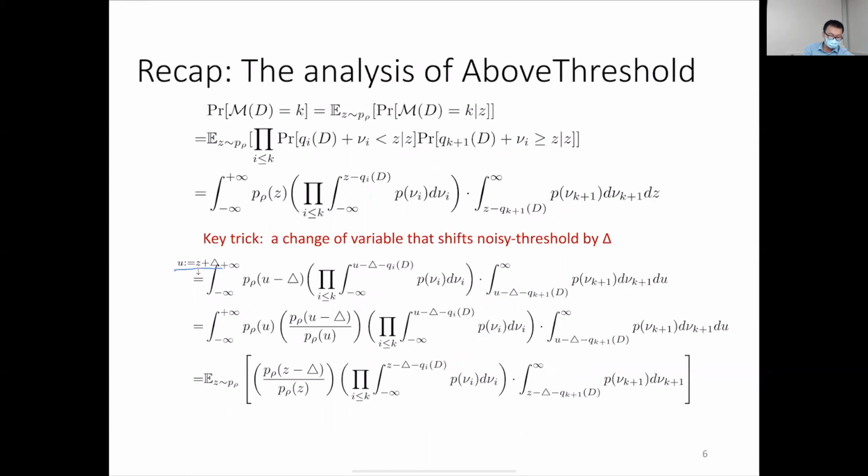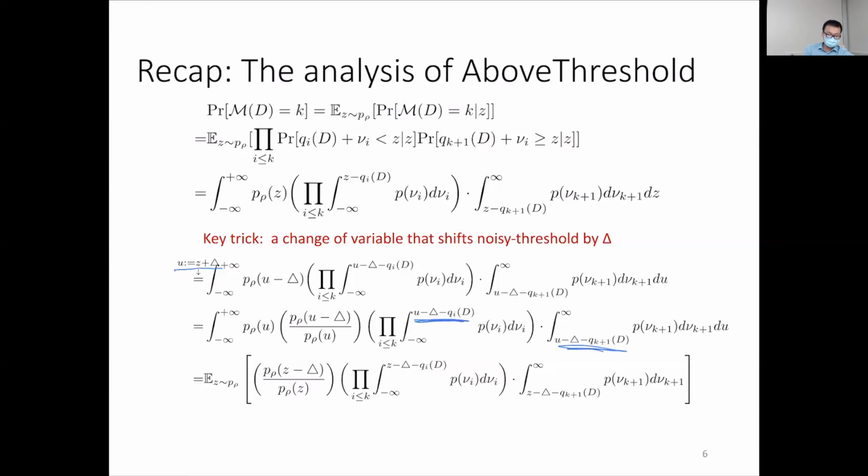So if we define u to be z plus delta, where delta is the global sensitivity, in this case 1, then by redefining this and multiplying and dividing everywhere, we can rewrite it as something that's shifted, and that shifting applies to all the components of this product, so that the regions of this integral are shifted a little bit by delta.